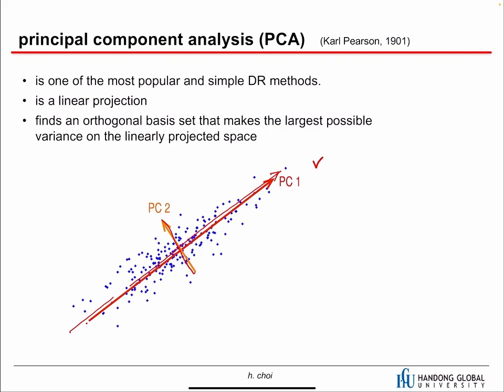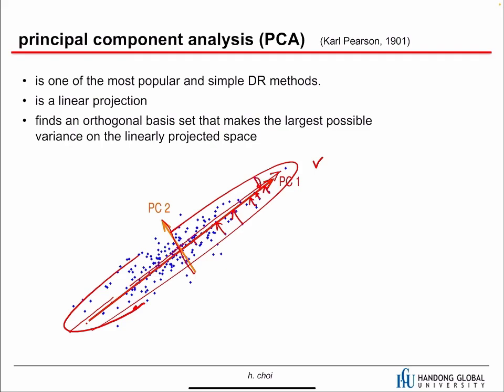So basically, we want to preserve all the information of these samples. So in this case, if we represent all these data samples with one-dimensional space, then these samples should be projected onto this axis. Then each data point loses some information, this much.